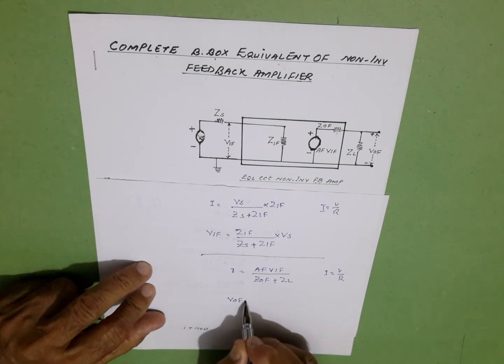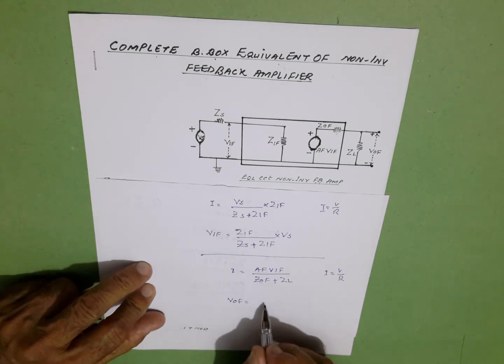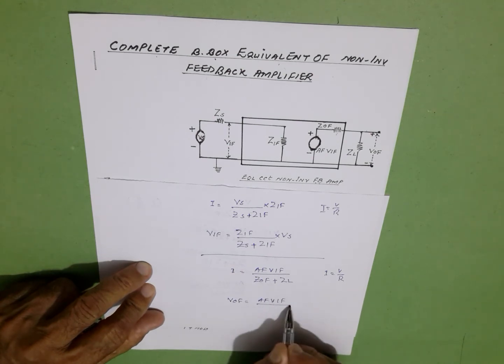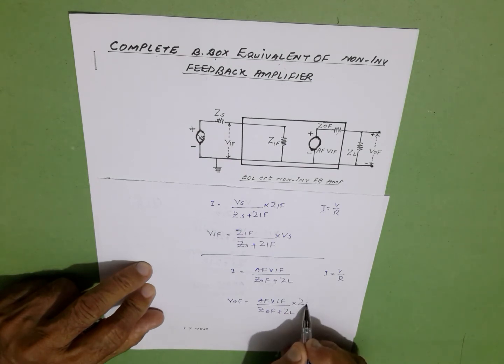VOF is equal to AF VIF divided by ZOF plus ZL, into ZL.